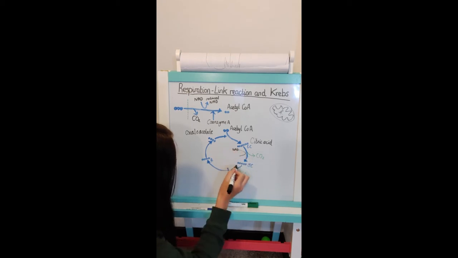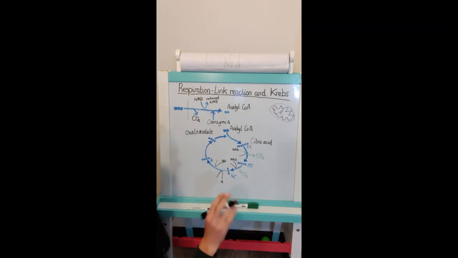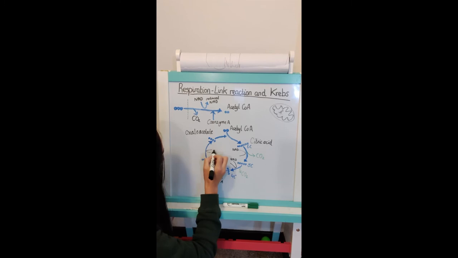So NAD, NAD. Put this one down here. FAD. Now FAD is a different one. Similar but different. And for now, that's fine. You don't need to know any more than that. And then NAD.